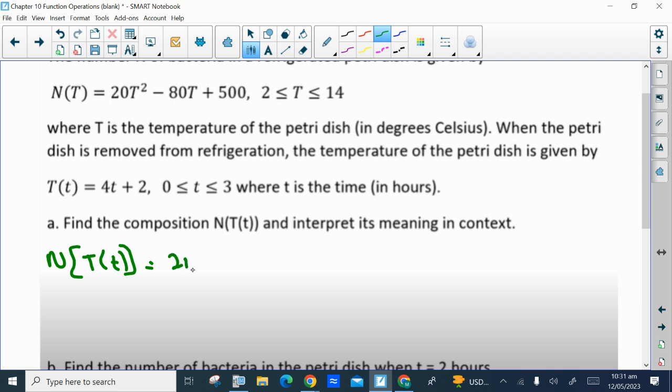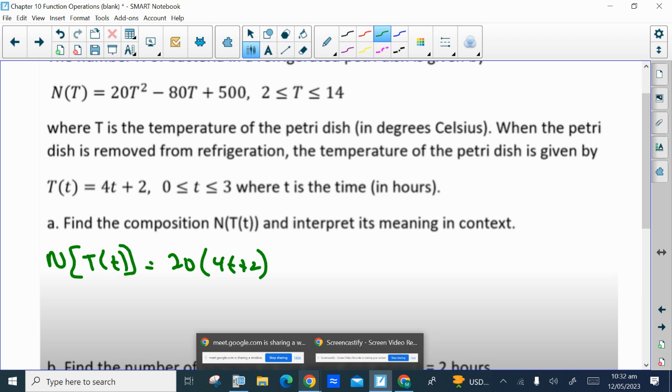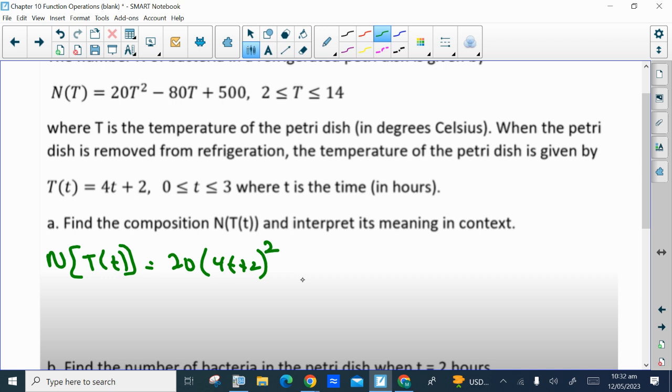So it'll be 20 times 4t plus 2. Whatever happens to the capital T in that original equation happens to our new one as well, which means that it's squared. Minus 80 times 4t plus 2 plus 500.